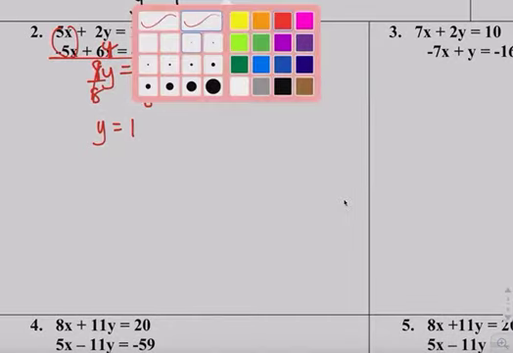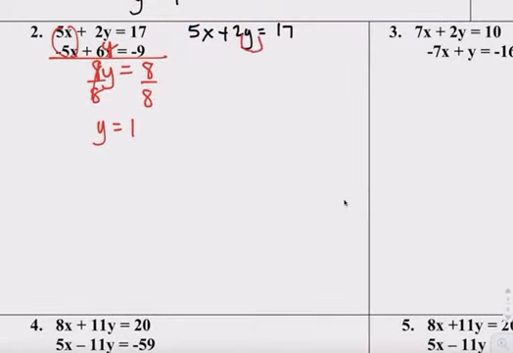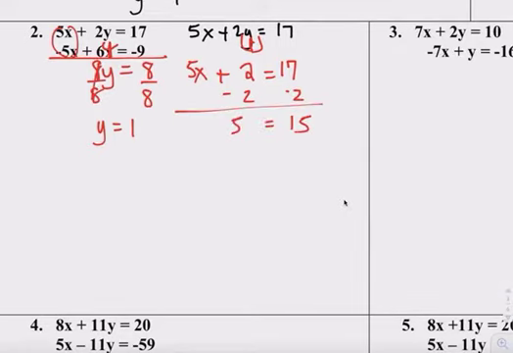Substitute y to be 1. 2 times 1 is 2. 5x plus 2 equals 17. Minus 2 on both sides, 15 equals 5x. Divide by 5. X equals 3. So 1, 3.